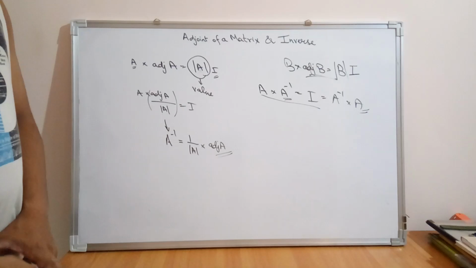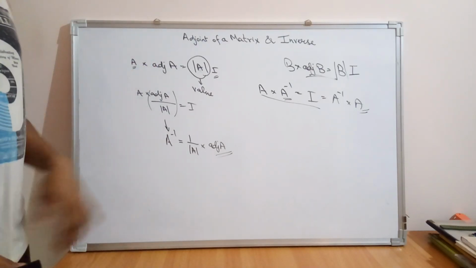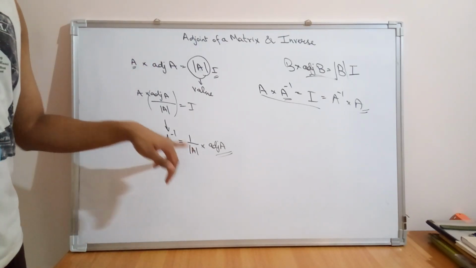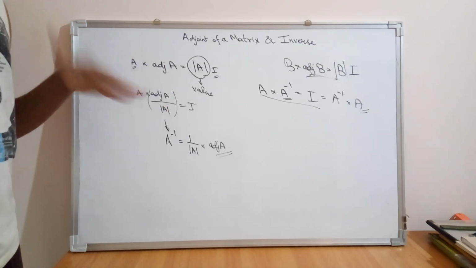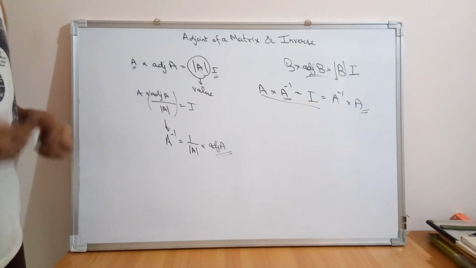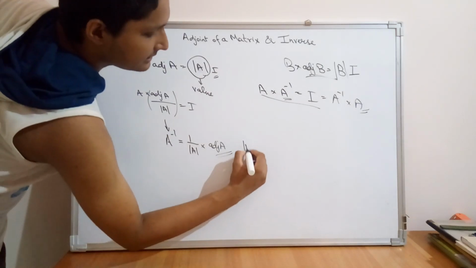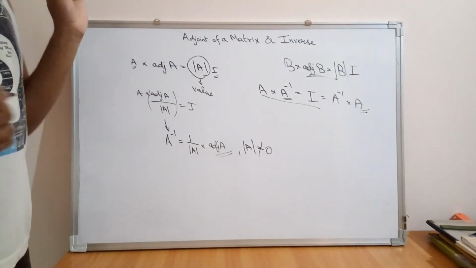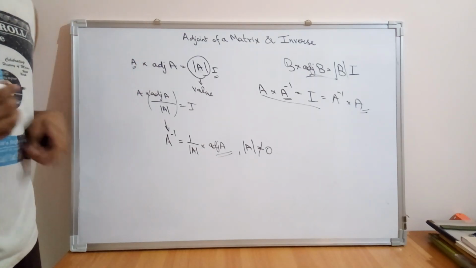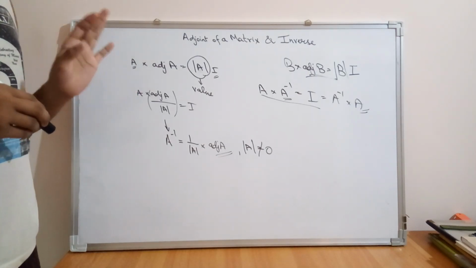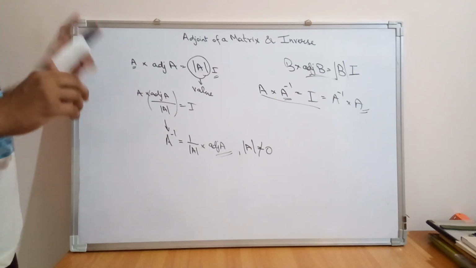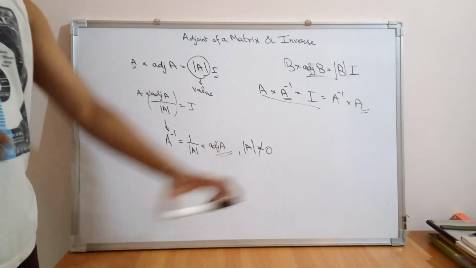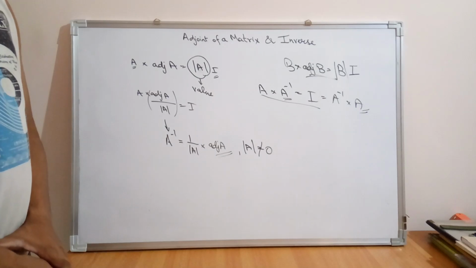For an inverse to exist, this det A can be positive or negative or any value, but it cannot be 0. So det A is not equal to 0. If you consider det A equal to 0, there are some other cases. We are not going to learn about that. We are going to consider only when det A is not equal to 0.